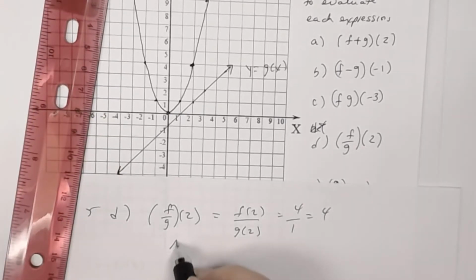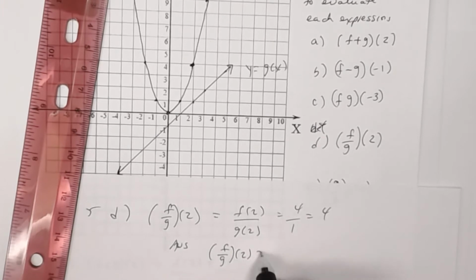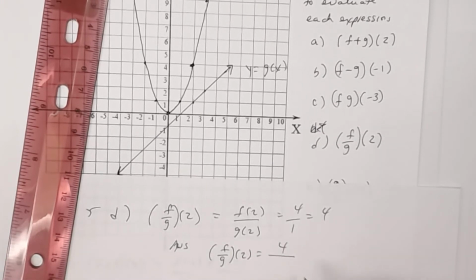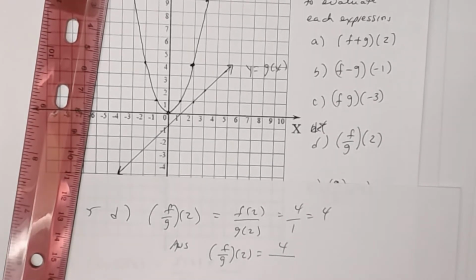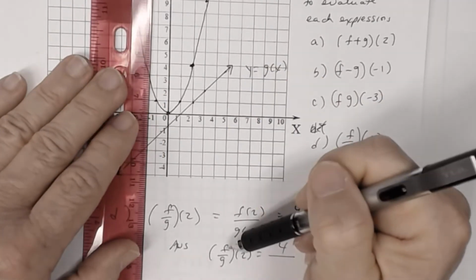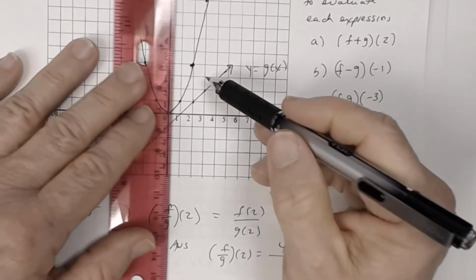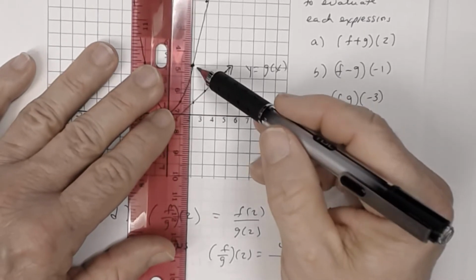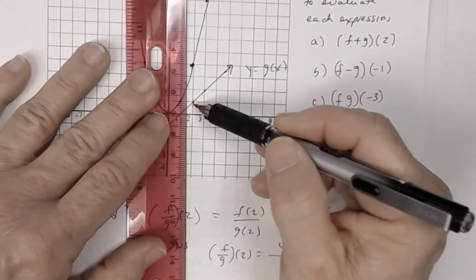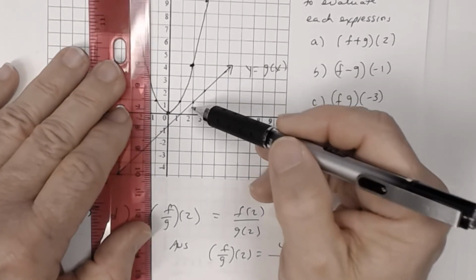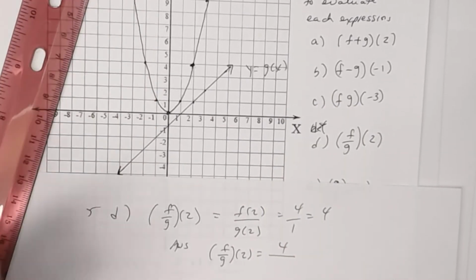So f divided by g at 2 equals 4. What you're finding here is the quotient of these two functions at 2. If you look at your ruler right here, this is the value 4, this is the value 1, 4 divided by 1 is 4.